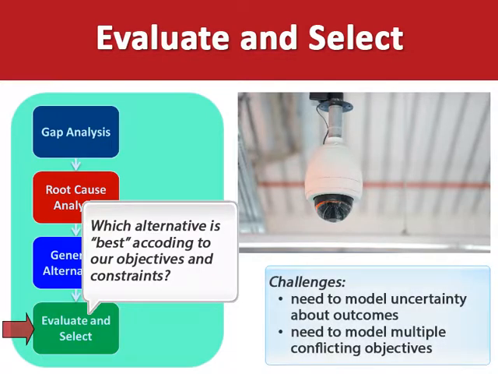We need to model, for example, uncertainty in various outcomes. We also need to be able to model these multiple conflicting objectives and trade-offs so that at the end, when we get a sorted list of alternatives, we can be reasonably sure that the one with the highest score is actually the best. Sounds easy, but it's very difficult in practice.